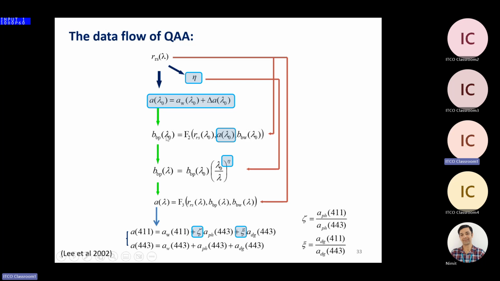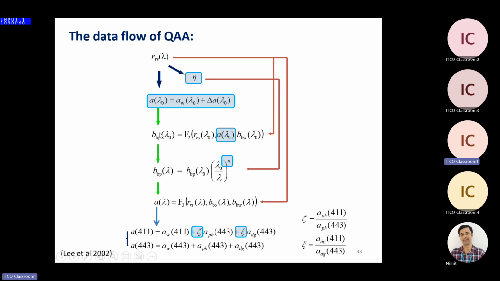From BB lambda 0, BB water is known, it's constant, so that will give us the BBP lambda 0. So basically, from this step to this step, it's algebra. It's precise, as long as we believe that remote sensing reflectance is a function of BB over A plus BB.